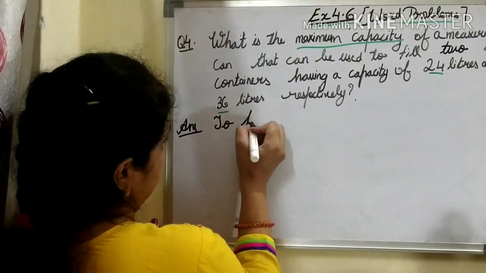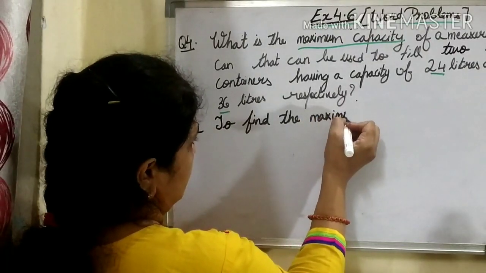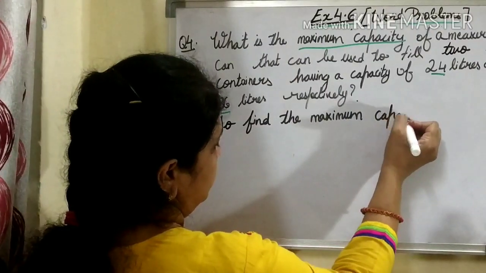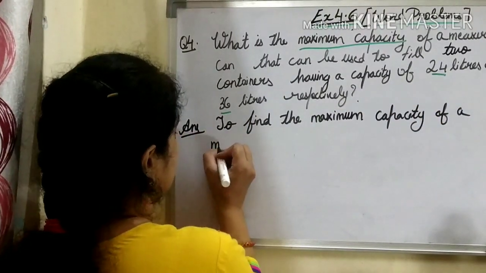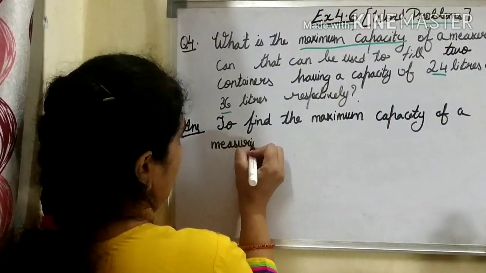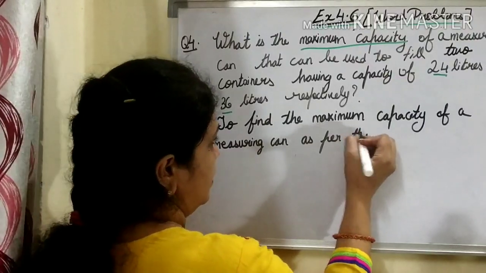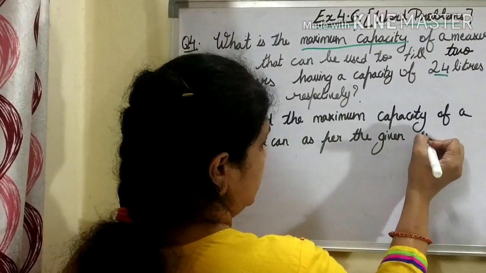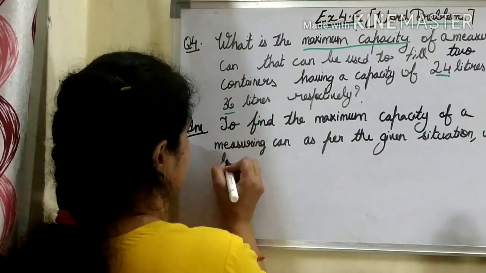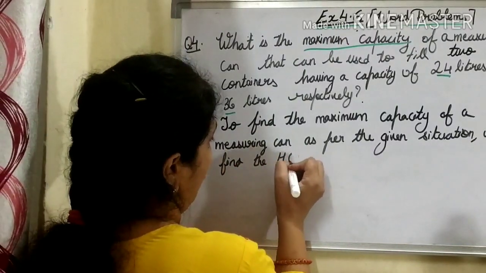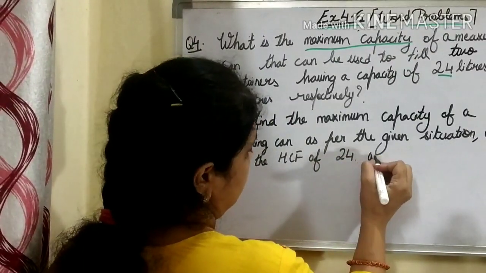To find the maximum capacity of a measuring can as per the given situation, we find the HCF of 24 and 36.